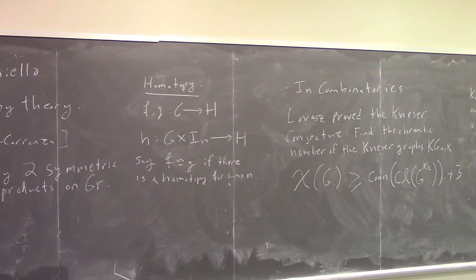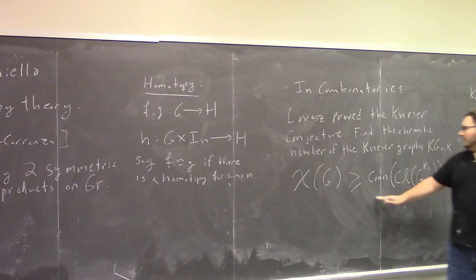It takes a graph to a simplicial complex. Every time I see a complete subgraph, I fill it in. Now I have a simplicial complex, and I can look at its connectivity. What's the highest homotopy group that's non-zero? That's what I mean by connectivity.